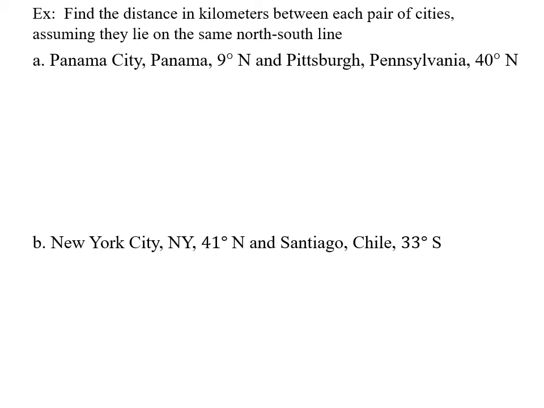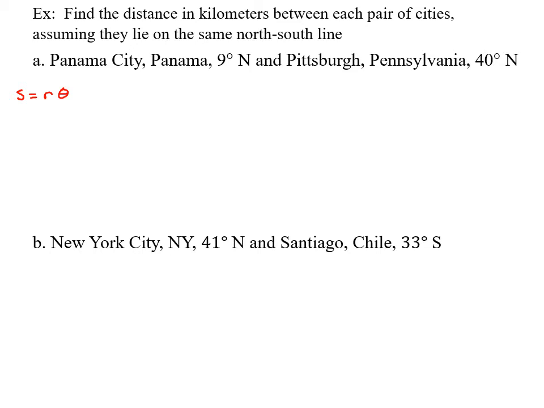Why could we not? So I'm going to do the arc length formula. S equals R theta. So I kind of have an angle. If they're in the same hemisphere, both north or both south, you will subtract the angles to come up with your theta.